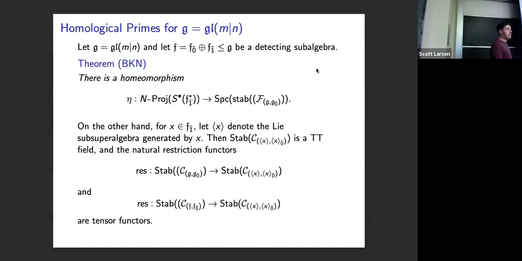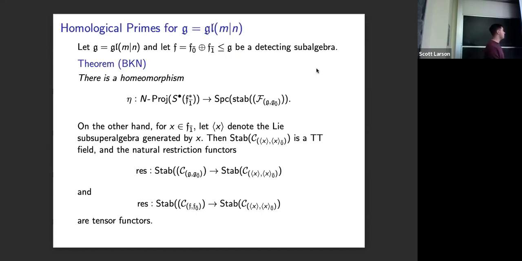But on the other hand, if you consider an X in F1, any element in F1, and look at the Lie sub superalgebra generated by that element, you can consider the big stable module category on X0.